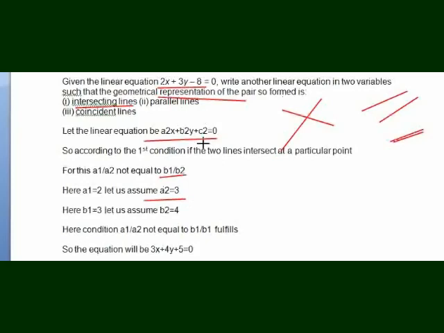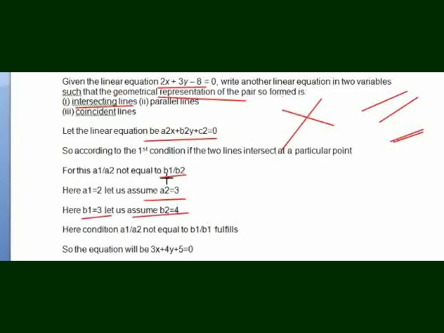In the second portion, b1 is equal to 3, but to fulfill the condition that a1 by a2 should not be equal to b1 by b2, we assume that b2 is equal to 4.